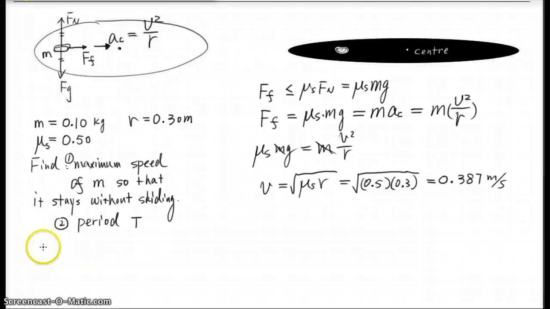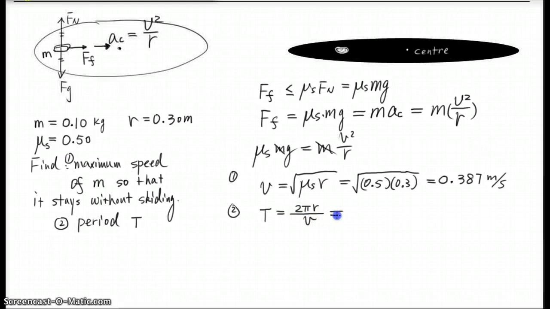Since we already know the speed, we can calculate how much time it takes to travel one circumference, and that's the T. So T should equal the circumference, which is 2 pi r, divided by the v, right?